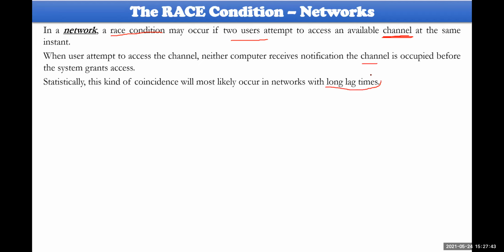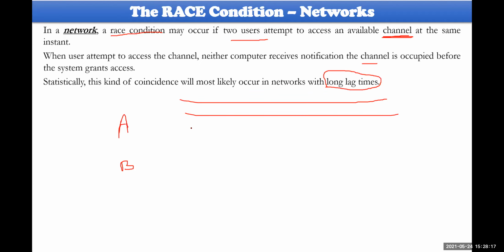Look at this. A channel might have very long lag times, a very huge amount of lag time. Lag time means that normally, if any user requests access to the channel, immediately a requisition is made from the user to the channel. If it is available, it is immediately acknowledged. Let us consider person A and person B, with a communication channel between them.